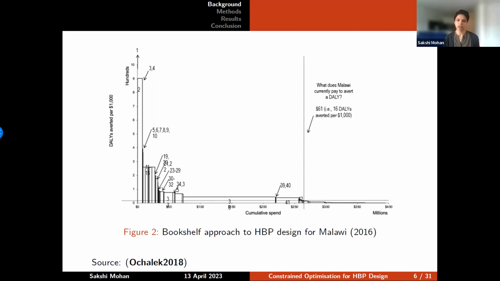And the interventions are ordered from most cost effective to the least cost effective. So if we use the cost effectiveness threshold estimate of $61 per DALY averted for Malawi, which comes from a previous study, this method suggested that only the first 48 interventions in this list could be feasibly included in the health benefits package, simply on grounds of resource use efficiency.